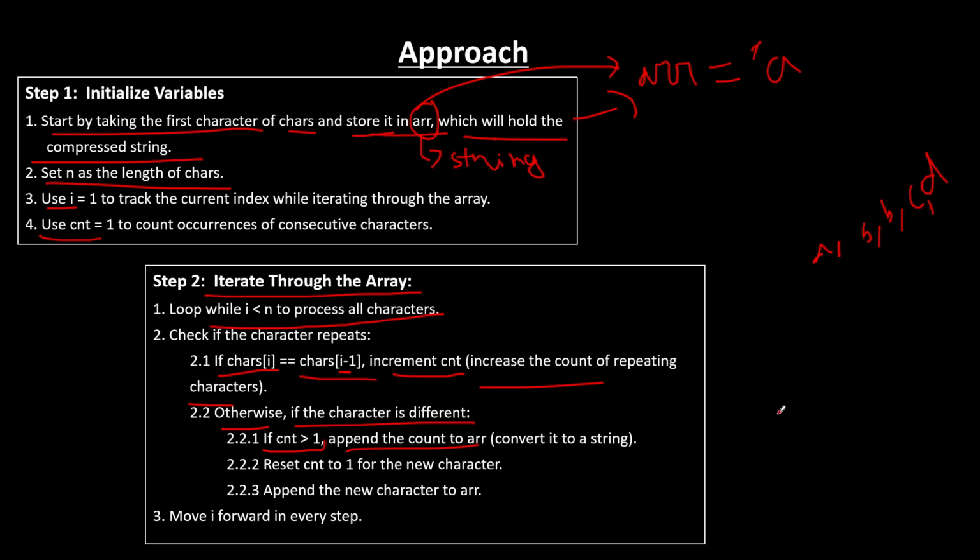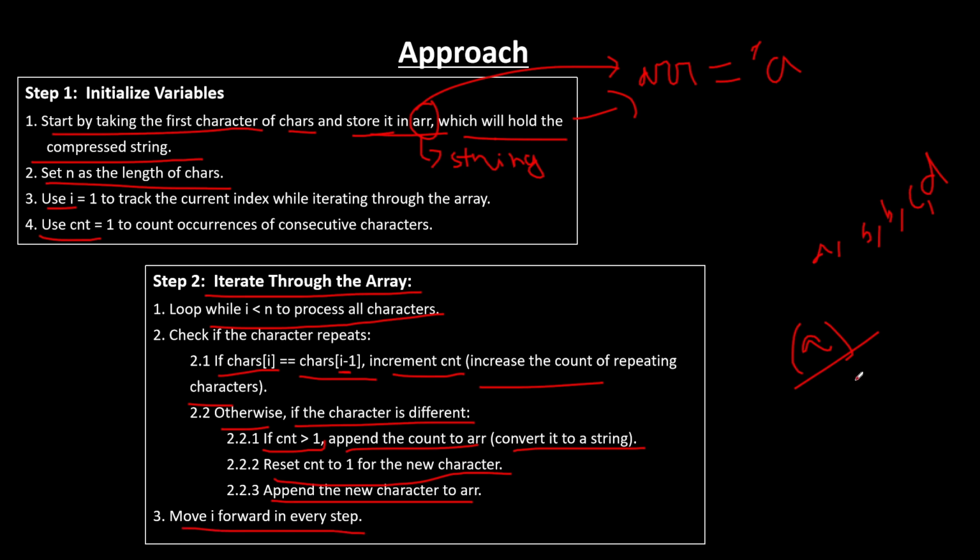As mentioned in the question, if a character appears only one time in the string, we don't have to add the count 1 along with it. We will just add the character itself. That's all, right? And before appending it, we will convert it to a string because we are just counting in integer format, right? That's right. We will reset the count to one for the new character and append the new character to the array. Okay, and move i forward at every step.